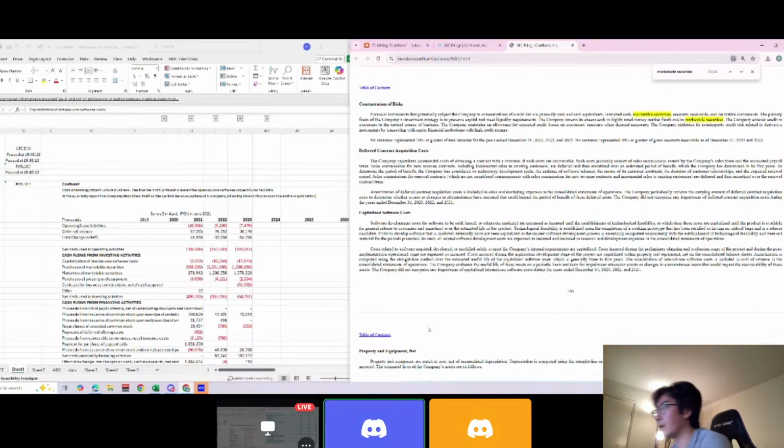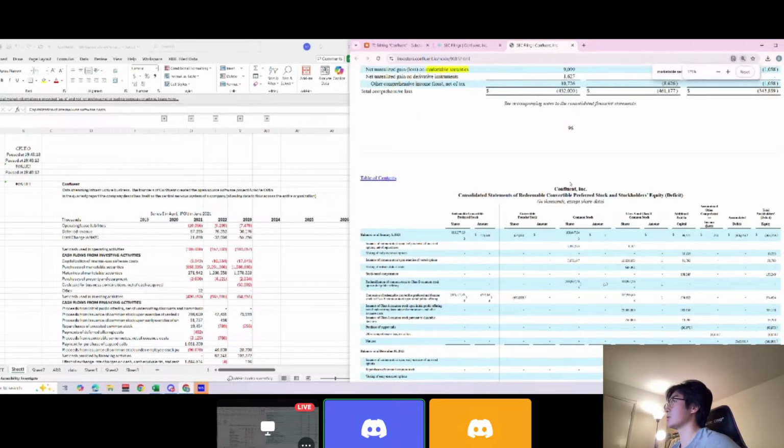Okay, this is interesting. This software development cost. Oh shit.